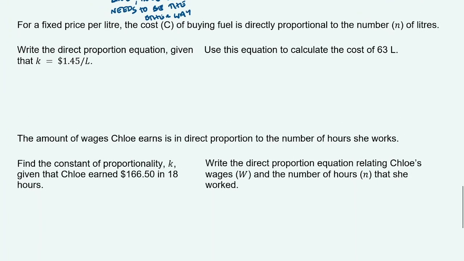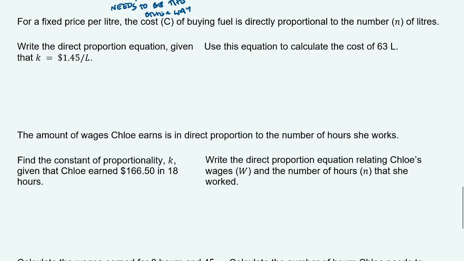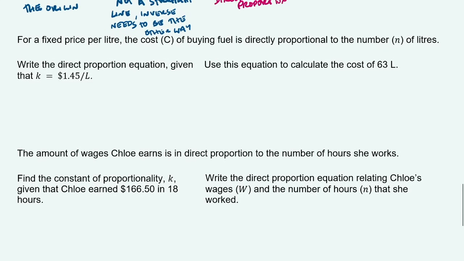In play, we can look at this question. For a fixed price per litre, the cost C, so this is an important one to remember, the cost C of buying fuel is directly proportional to the number N of litres. So these are going to replace our X and Y. So remembering we have Y equals KX.